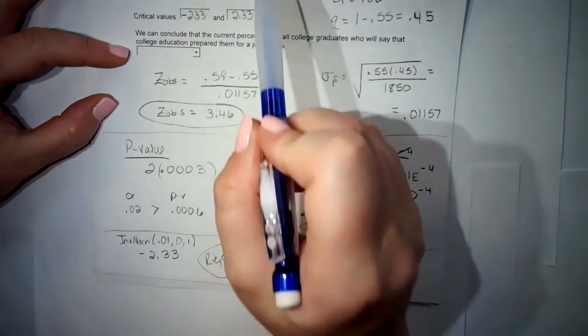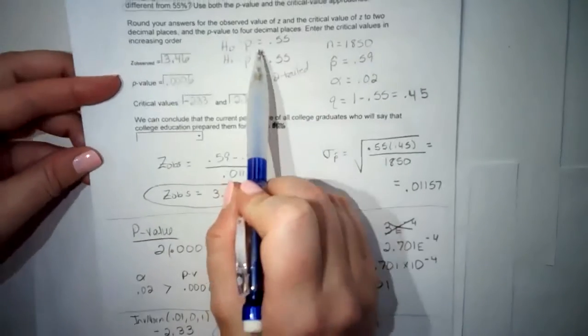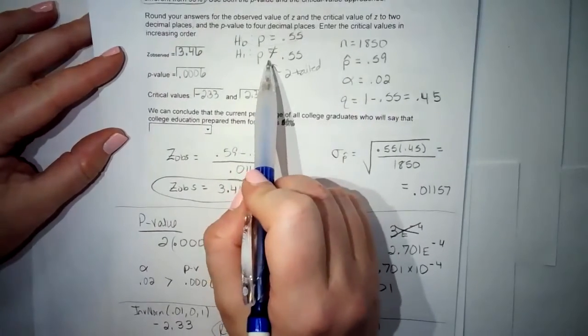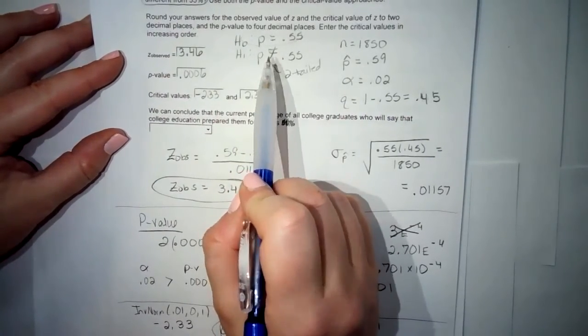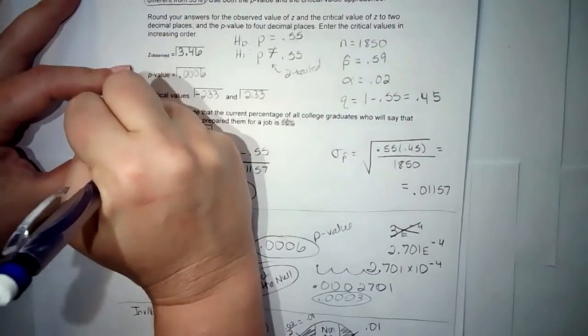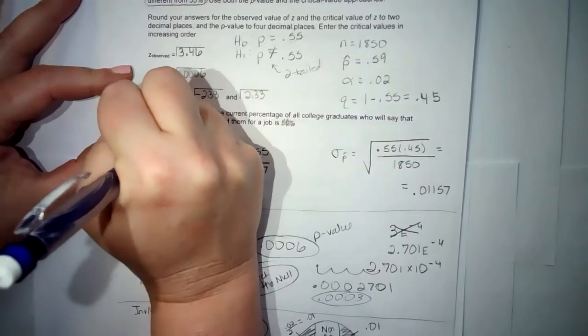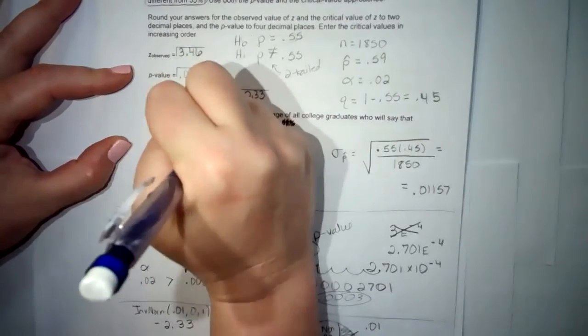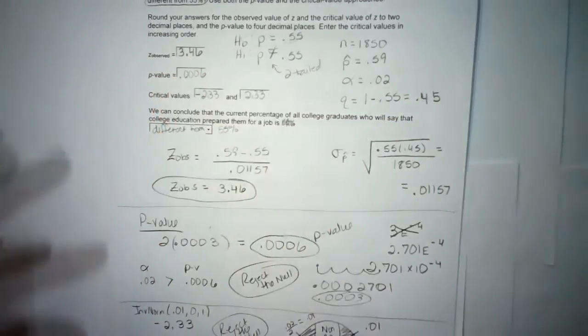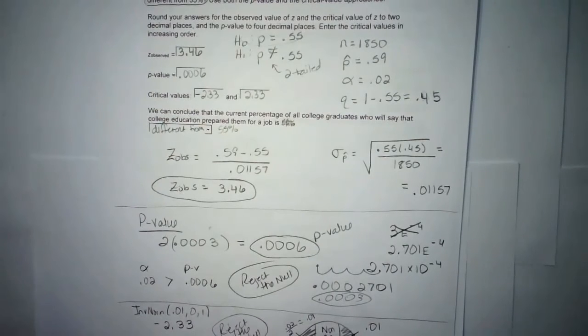Okay, well, we rejected the null, which said it was the same as, which means we are accepting the alternative. So it is, in fact, different from 55% because we rejected the fact that it was equal to. Does that make sense? You won't have it tricky like that on test 4. It'll just say reject the null or fail to reject the null, but it's a little tricky there.